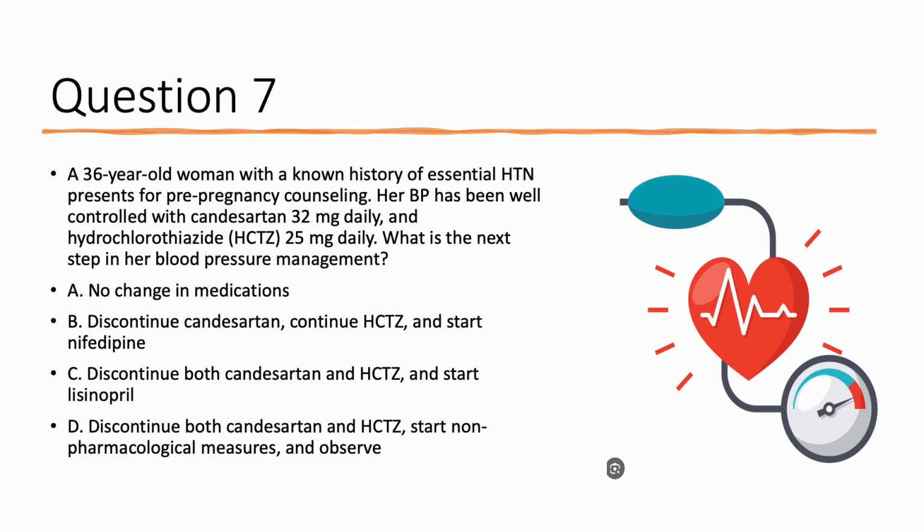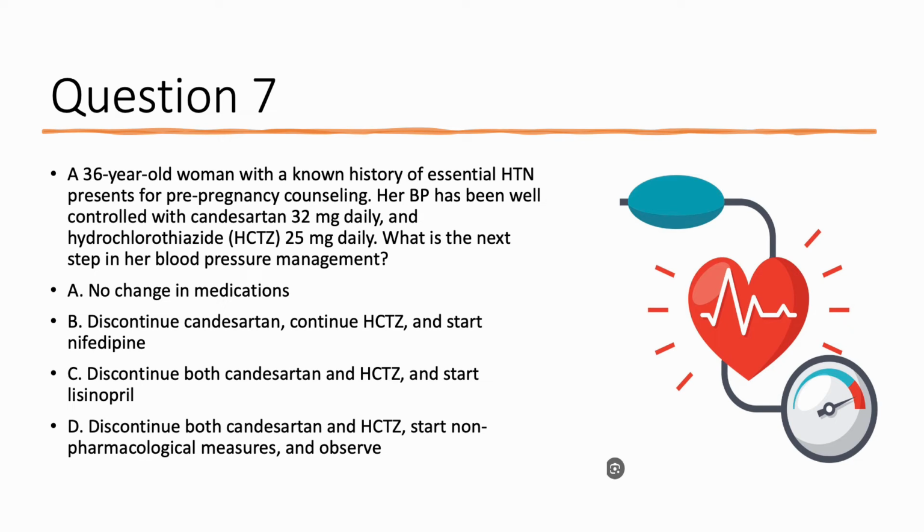Question number 7. A 36-year-old woman with a known history of essential hypertension presents for pre-pregnancy counseling. Her blood pressure has been well controlled with candesartan, which is an angiotensin receptor blocker, 32 milligrams daily, and hydrochlorothiazide, 25 milligrams daily. What is the next step in her blood pressure management?